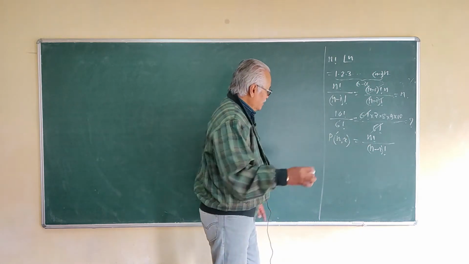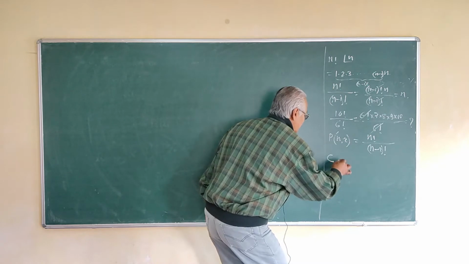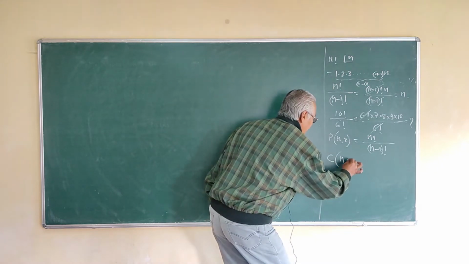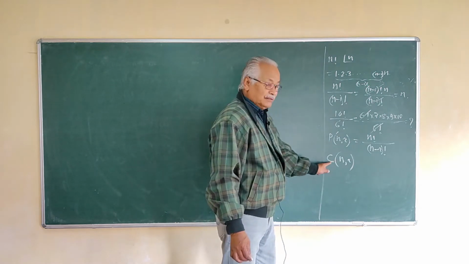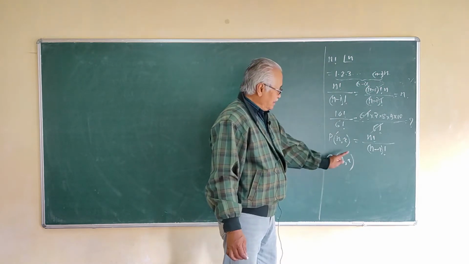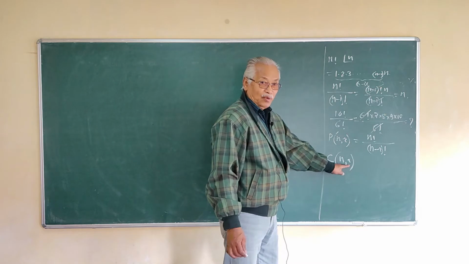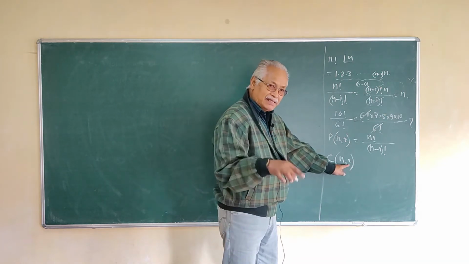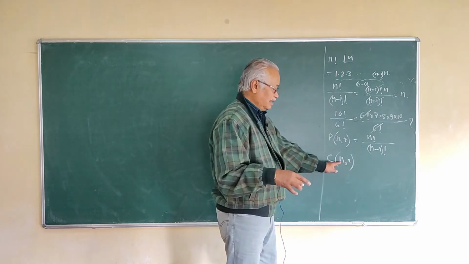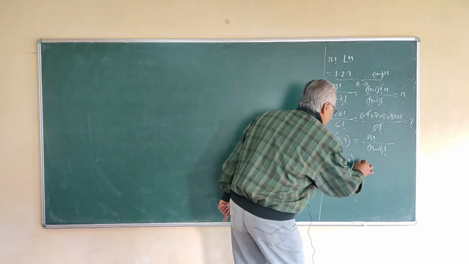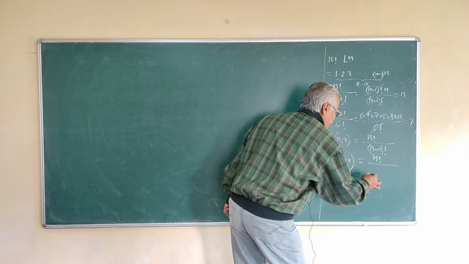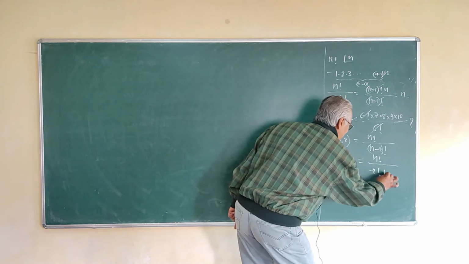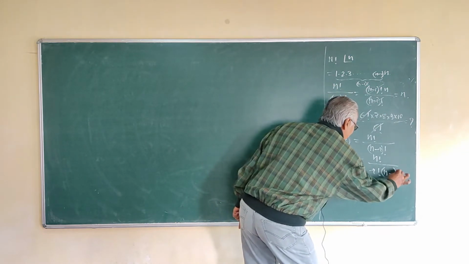On top of that, we have defined nCr also. What is nCr? Combination of n different objects taken r at a time, where the value of r is less than or equal to n. That is defined as n factorial divided by r factorial and then n minus r factorial.